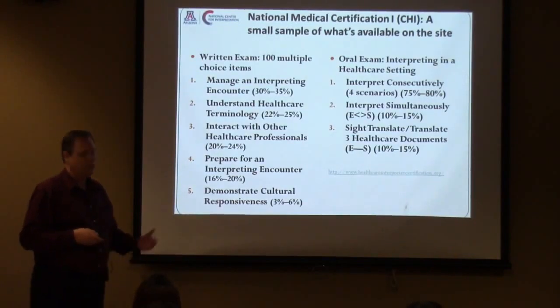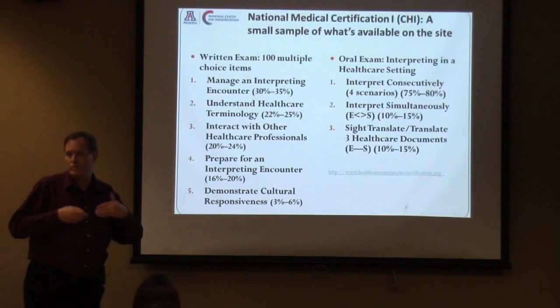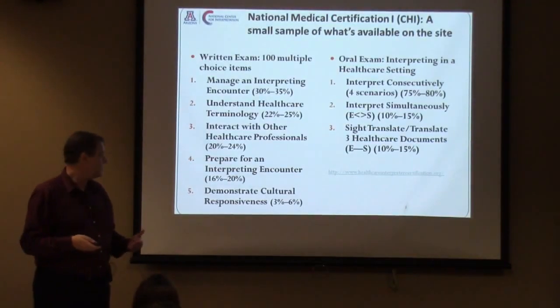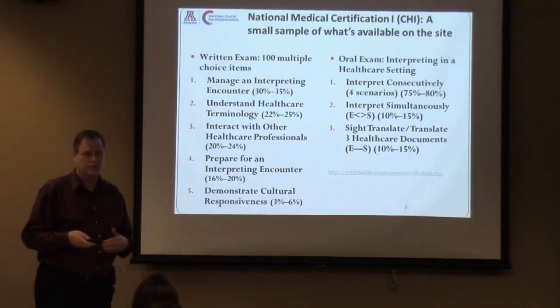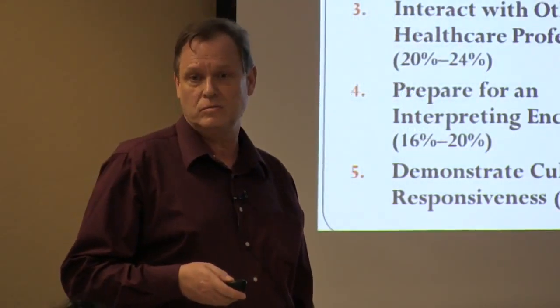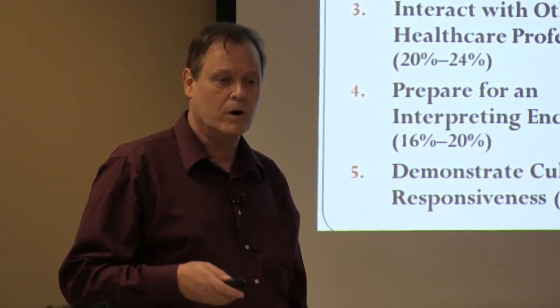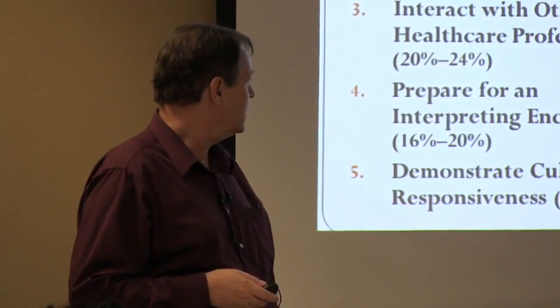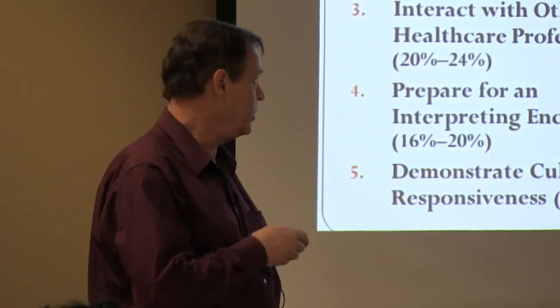So you see there's going to be questions about actually being in the hospital setting and interpreting. There's going to be questions also about anatomy and physiology, but there's going to be a lot of questions about standards and protocol and the ethics, because that's a big part of medical interpreting. There's a lot of information that you can study that will guarantee that you pass that written exam.